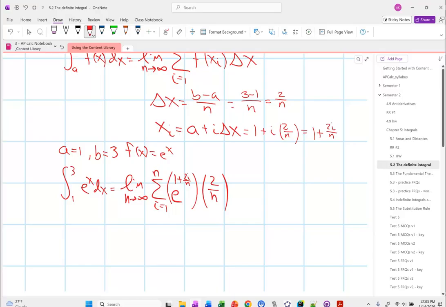Everybody feel okay? So this type of translation, where we go from an integral to a limit of a sum, or the reverse direction from the limit of a sum back to an integral, would be a reasonable AP question for you. We wouldn't ask you to use the limits to actually evaluate an integral. Too time consuming. I mean, you guys can do it, you're capable. But as a test question, either for me or for the AP, it's too time consuming to ask for what you're going to demonstrate.